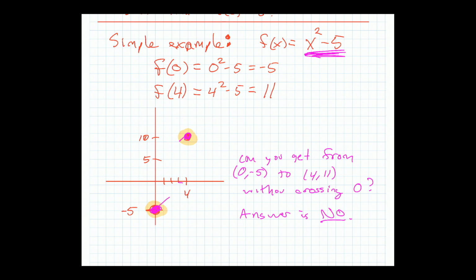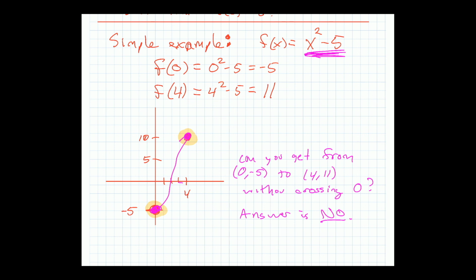If you lift your pen, you can go like this, and then jump, and then keep going, right? But if you don't do something weird like that, if all you're doing is connecting the dots, then you've got to cross through 0, right?